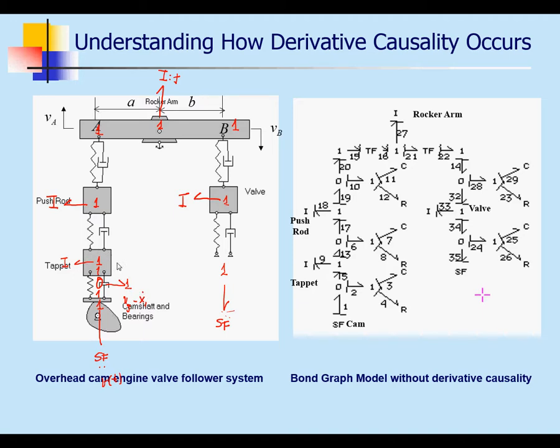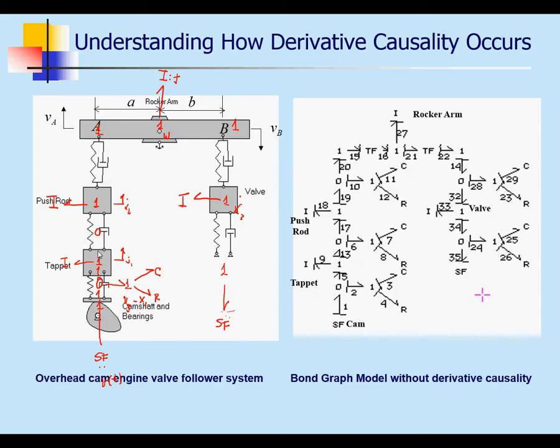So x1 dot is the motion like this, and you could put x2 dot, and here omega, this is omega, and this would be x3, let's say, like this. Then we create that and attach the elements that see those relative velocities, which are a C and an R element over here.